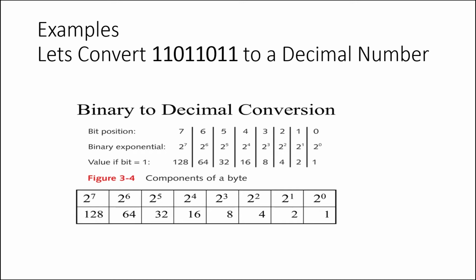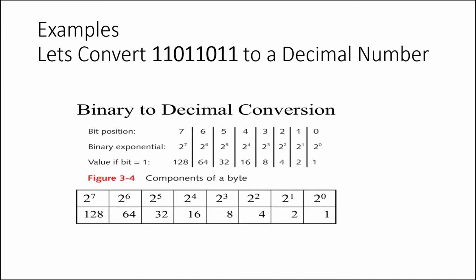The 0th position bit will take the value of 2 to the power 0 if the bit is equal to 1. The first position bit will get the value of 2 to the power 1 if the bit is equal to 1. The second position bit will get the value of 2 to the power 2 if the bit is equal to 1. The third position bit will get the value of 2 to the power 3 if the bit is equal to 1.